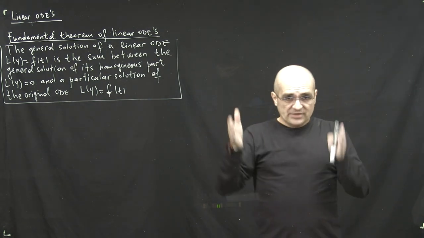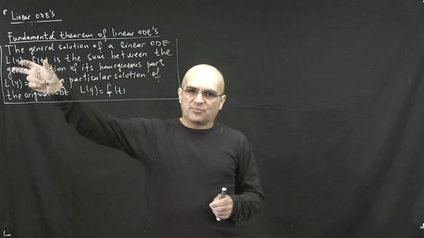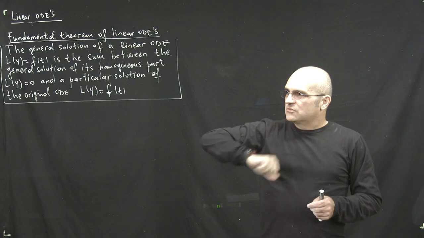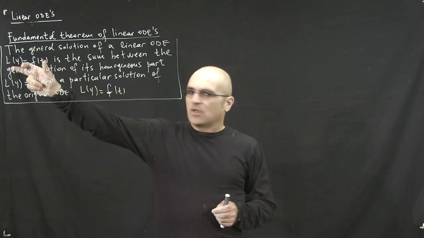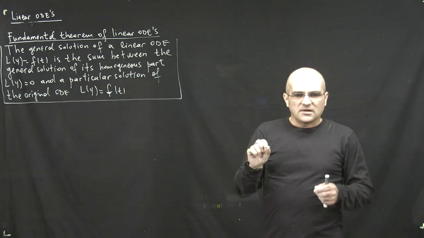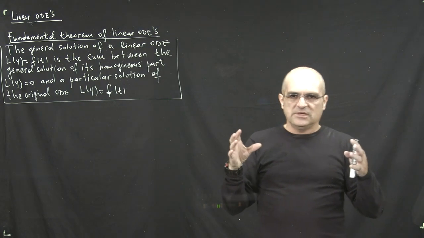If that is achieved, then you only need a particular solution of the original problem. This may seem like circular reasoning, because what you're saying is that to solve L of y equals f of t, I need to provide a solution of the same thing. But remember, here we're looking for the general solution, so the description of all the solutions of the ODE.